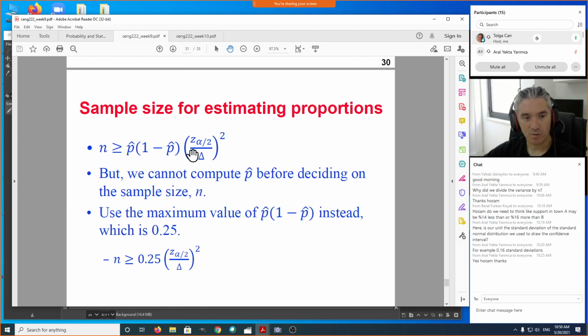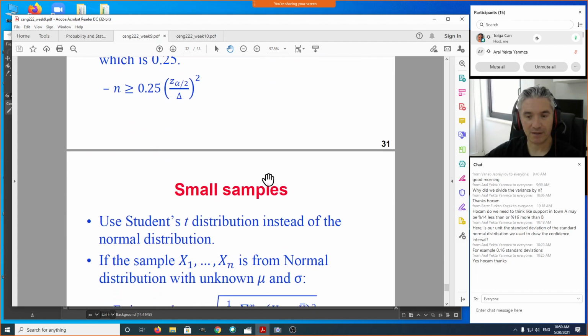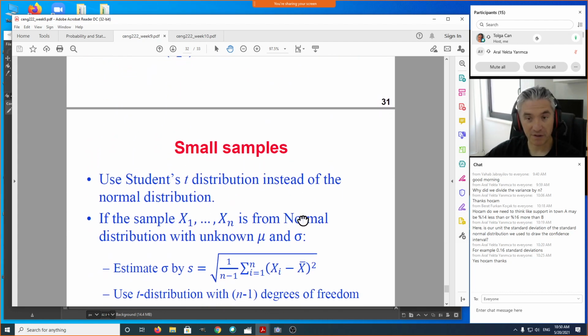We have also seen how we use the maximum variance value of 0.25 when estimating proportions with a fixed precision. If you want to fix the margin, which is our precision, we can find the size of the sample we need to collect by assuming the worst variance. So we have covered these three things in the first hour.